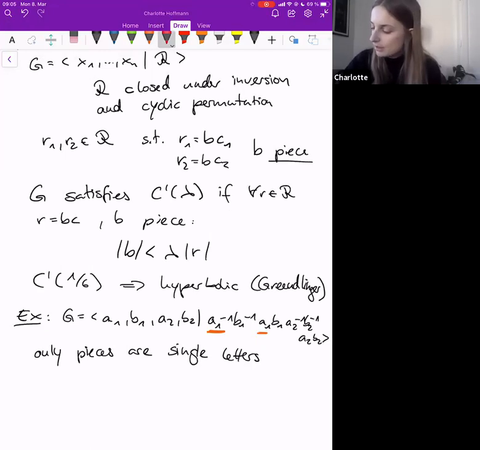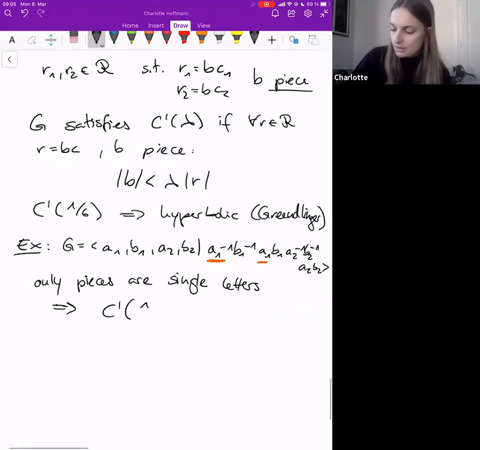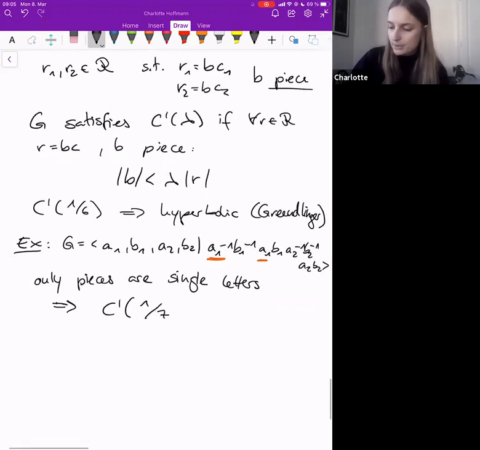So if I take, I don't know, this subword here, A2, B2, then this does not come up again in the relator, and also the inverse B2 to the -1, A2 to the -1 does not come up again. And so this is not a piece. Okay, but then we know the length of the pieces is just 1, the relator is of length 8, and so I have C prime 1/7, and then in particular I have C prime 1/6, and so the group is hyperbolic.